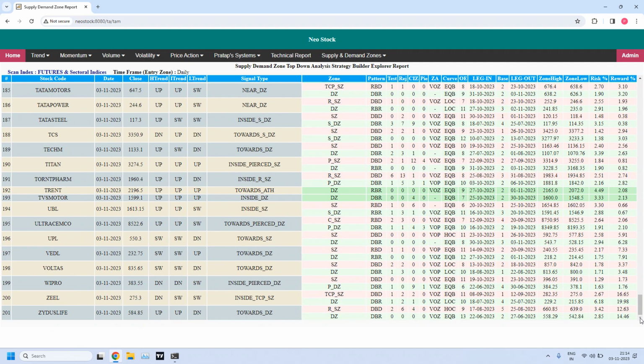So this is the complete list for daily time frames. This is the end of the list for daily supply and demand zones.